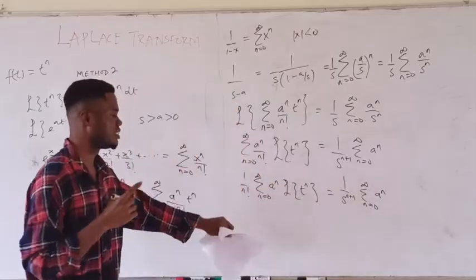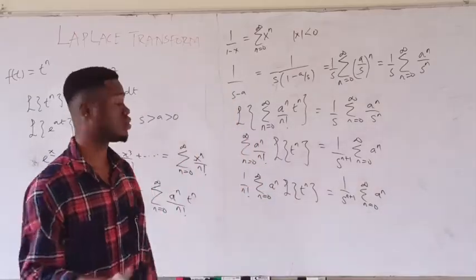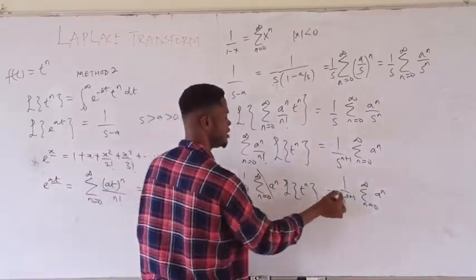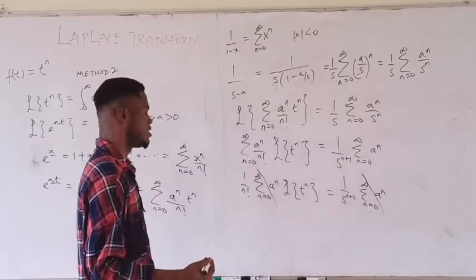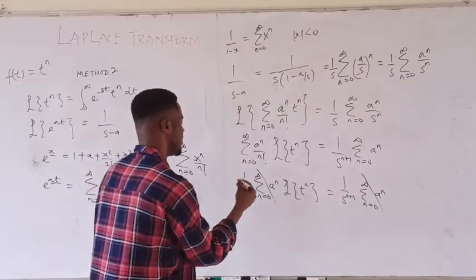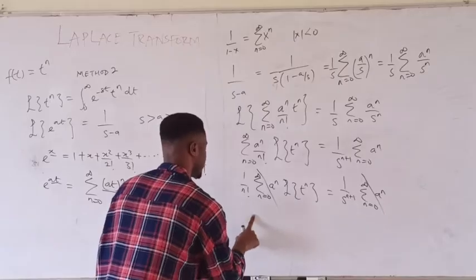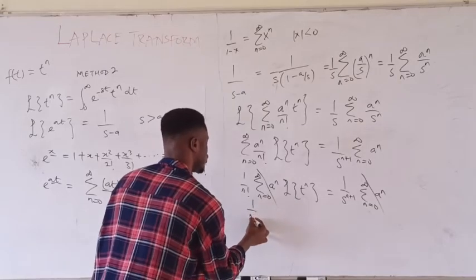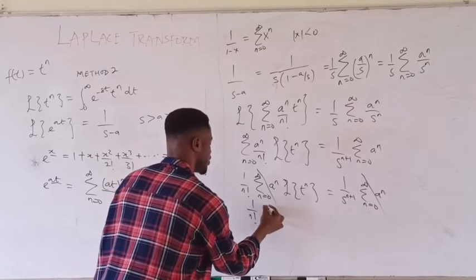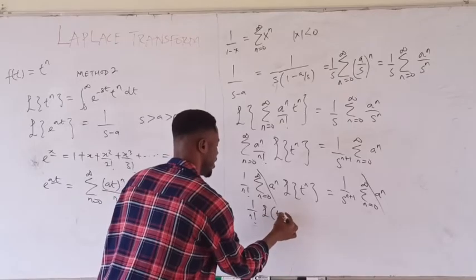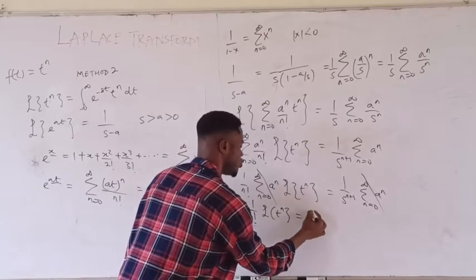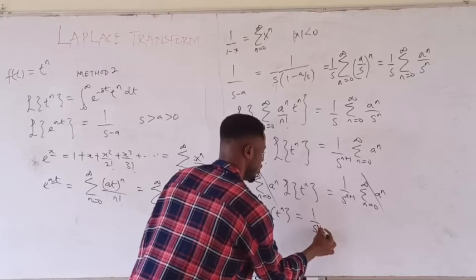So this is why I'm doing all this, to have a very easy cancellation. So from here, I can cancel these and these because they are the same, right? So the only thing I have left is 1 over n factorial, Laplace of t raised to the power of n is equal to 1 over s to the n plus 1.